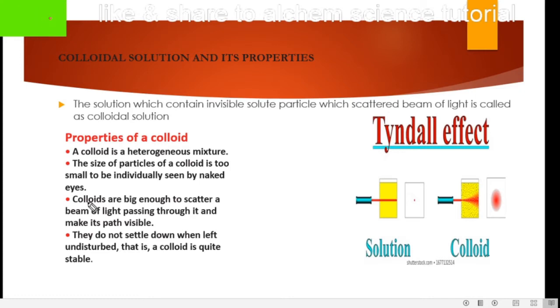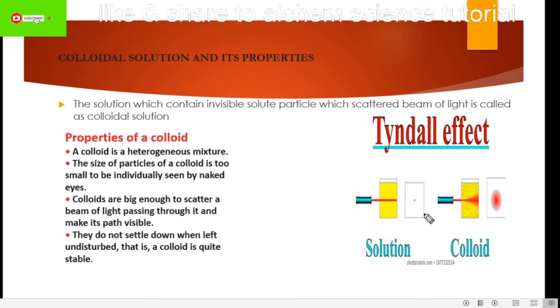Now the next and last property of colloidal solution: when you leave the solution undisturbed, without applying any effect, the solute particles present in that colloidal solution do not settle down at the bottom. Now we will understand the Tyndall effect.